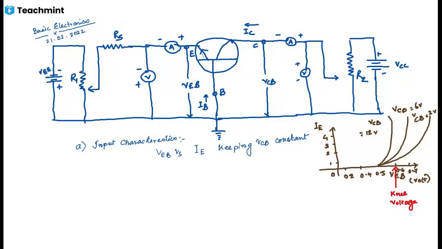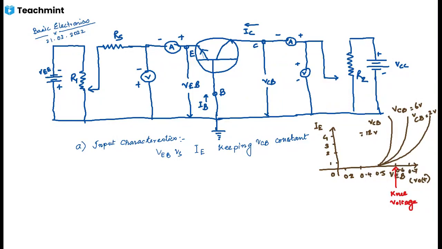After the knee voltage, the emitter current IE increases rapidly with a small increase in the emitter to base voltage VEB. This indicates that the input resistance in CB configuration is very small. Number three, with increase in VCB, the curve shifts upwards or becomes vertical. Hence, Ri decreases. Ri is the internal resistance.